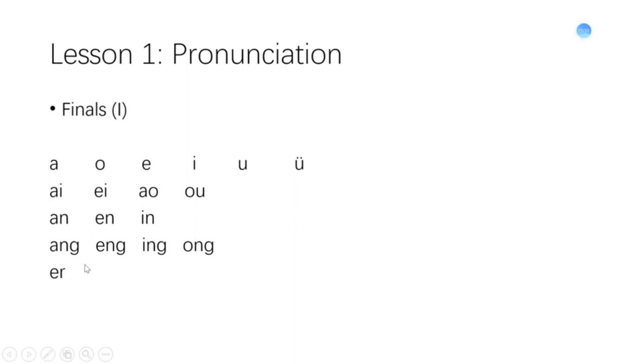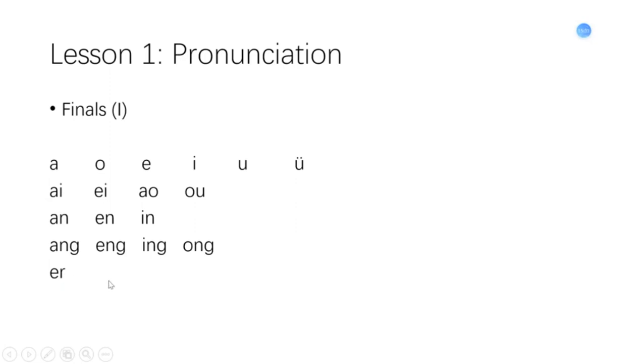Let's read er. For the first tone, you can feel the pronunciation changed a little bit. That's also why this one is very special. For this final there's no pronunciation under the first tone. So let's read the second tone, third tone, and the fourth tone. When we read the fourth tone, there's a kind of change in the pronunciation.